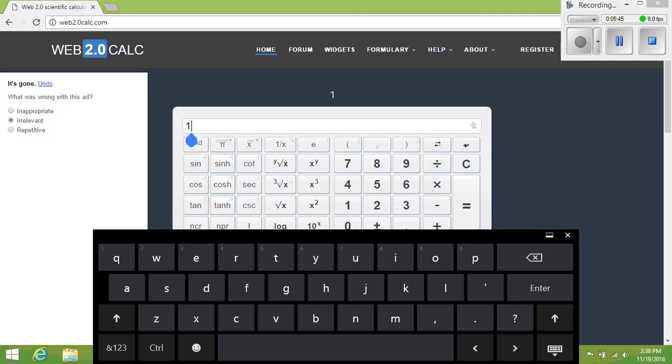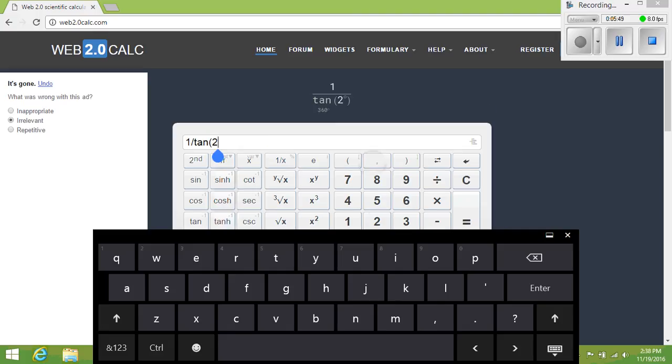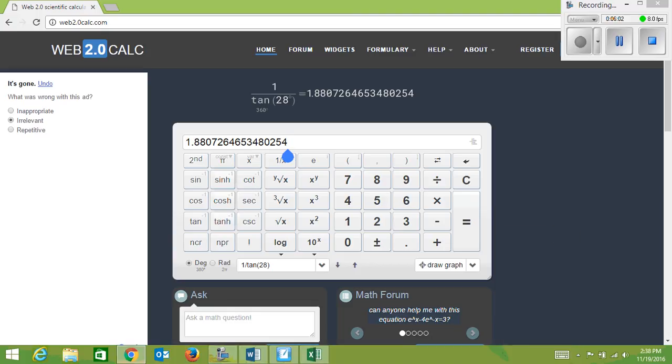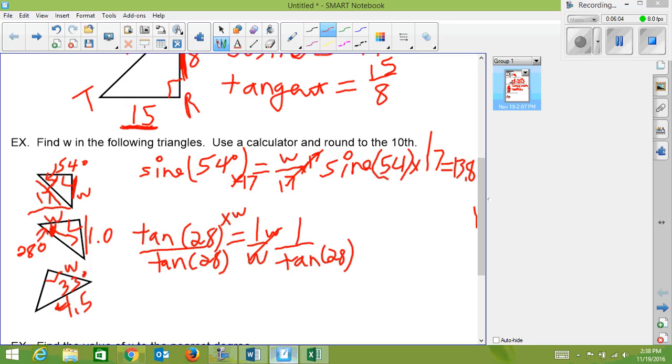So 1 divided by my tangent, 28 degrees. Close my parentheses, get my equal, and so I'm going to round that to the nearest tenth, and then go back here and write in my answer is 1.9 for that one.